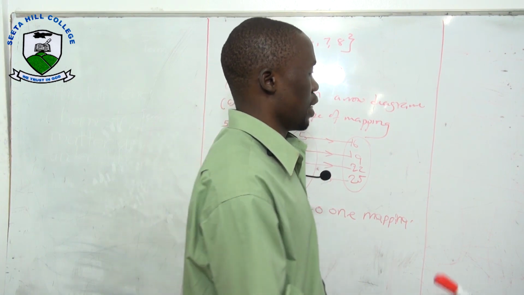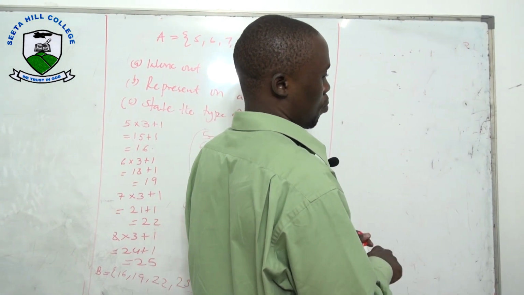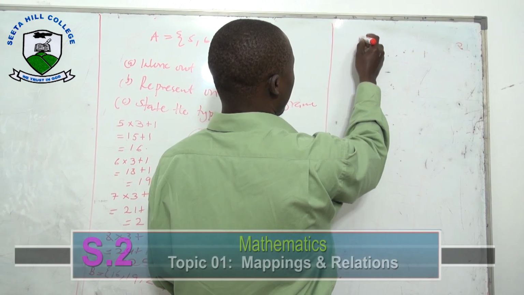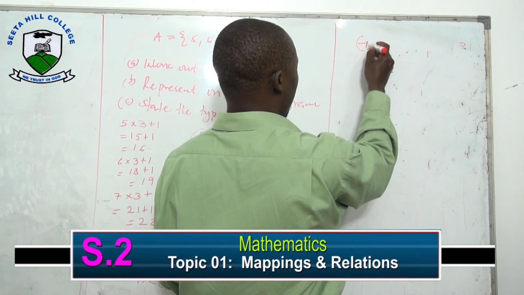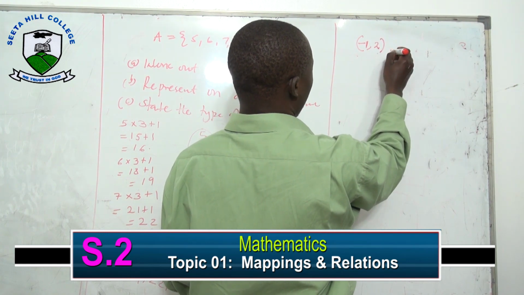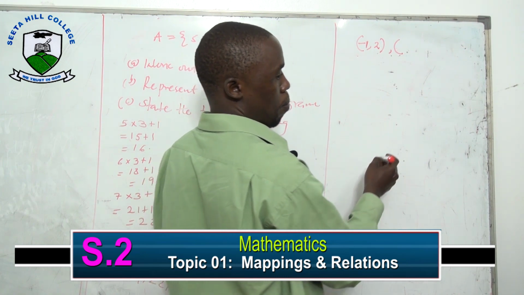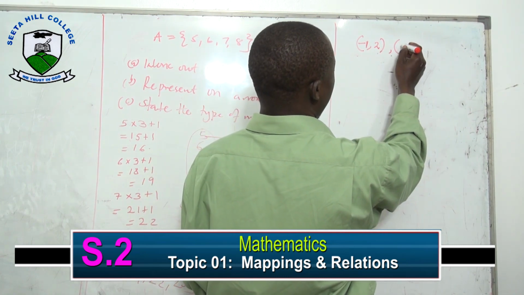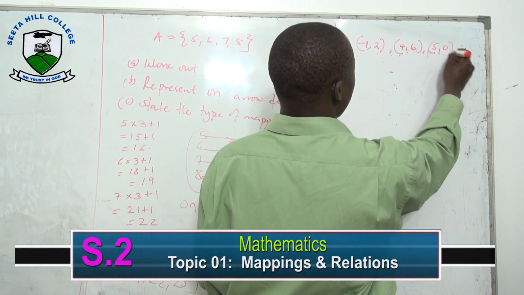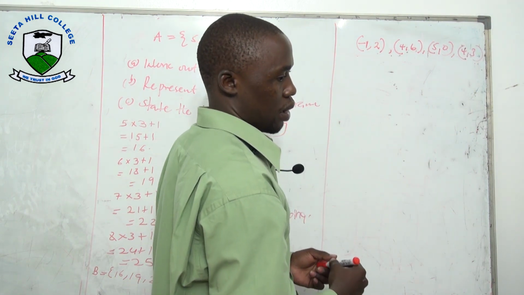Part A, represent the mapping on an arrow diagram. Then state the type of mapping. That's -1, 2. The next ones were 4, 6, 5, 0, and 4, 3. Present on an arrow diagram.